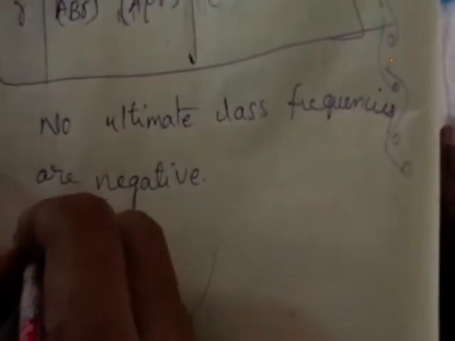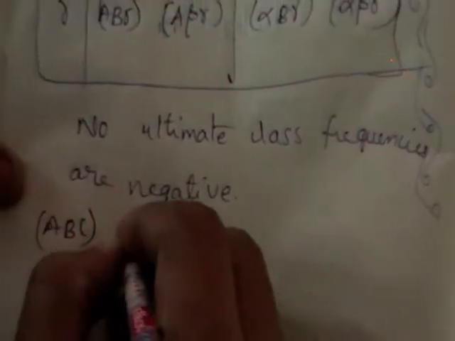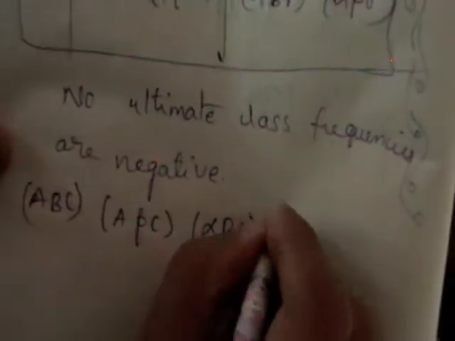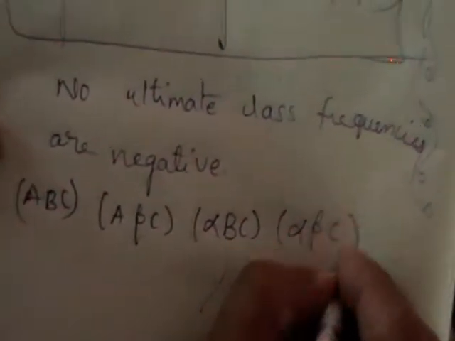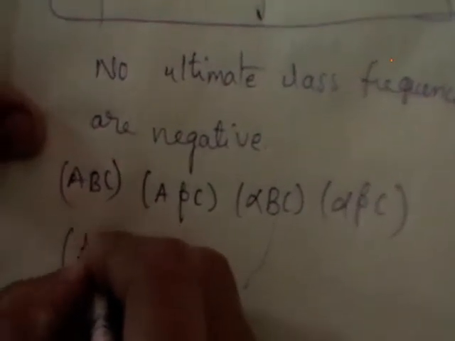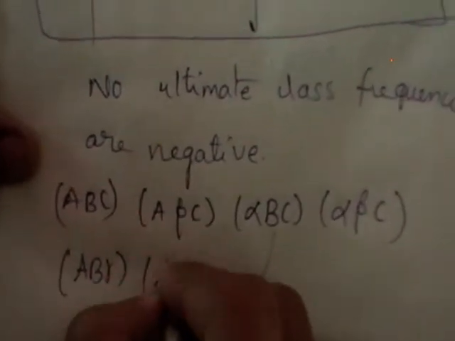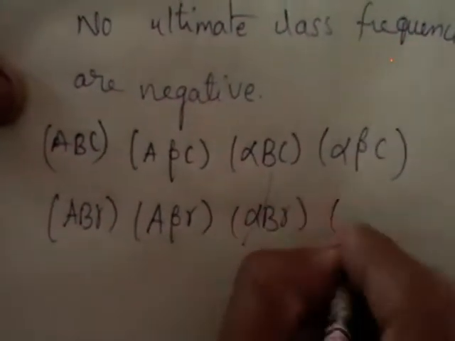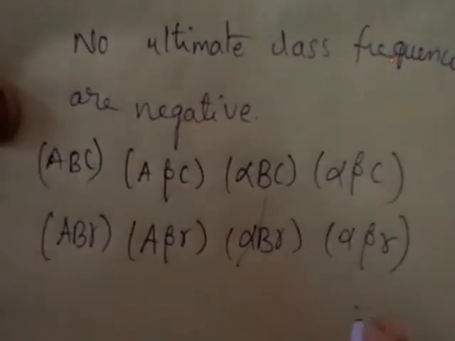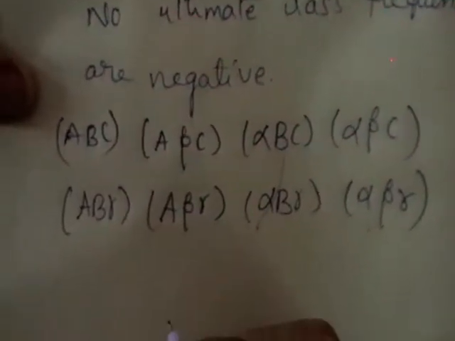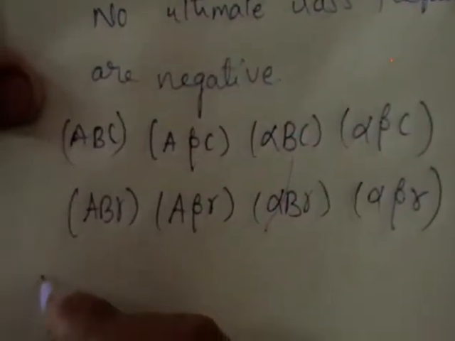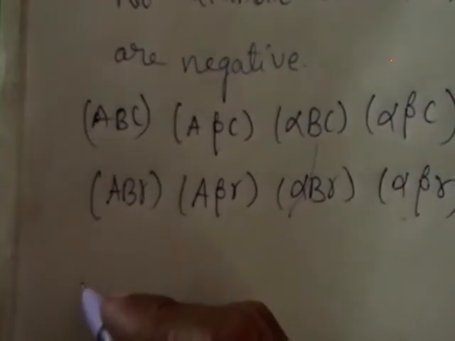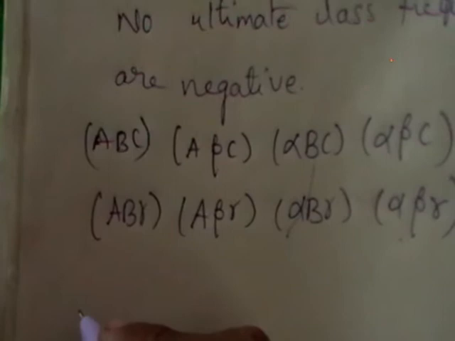We have ABC, these are the ultimate class frequencies. So all these should be positive. So to derive the conditions for consistency, when there are three attributes, you need to derive 8 conditions.